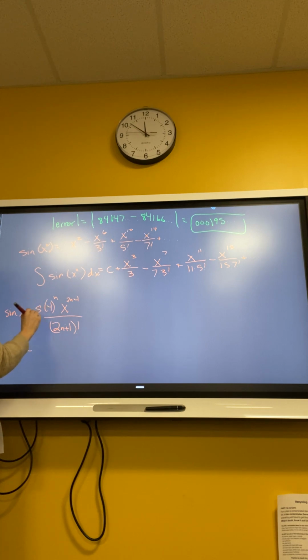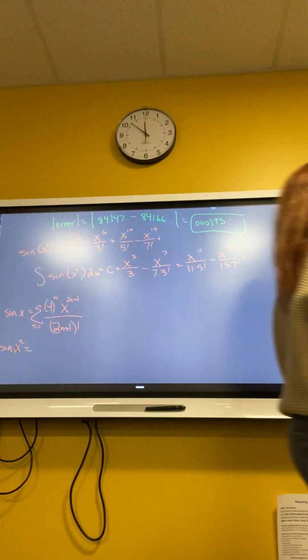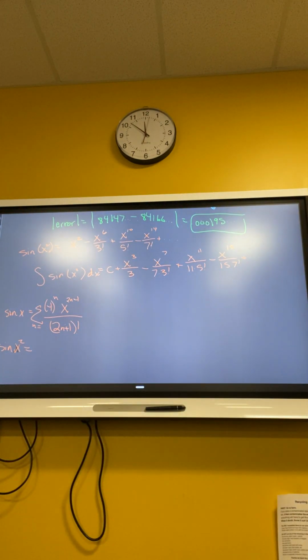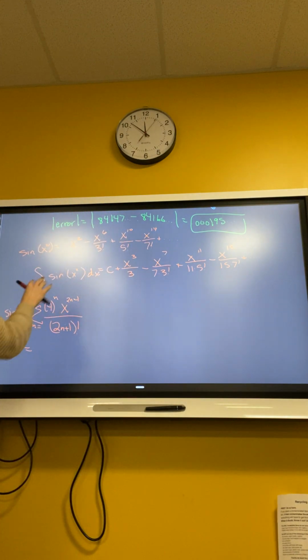So this is the sum from n equals 0. Would that work? 0? No, 1? Well, that would make that negative though. But otherwise, I'm looking at this, but this is the original, so yeah, 0. Okay, so it'd be this.